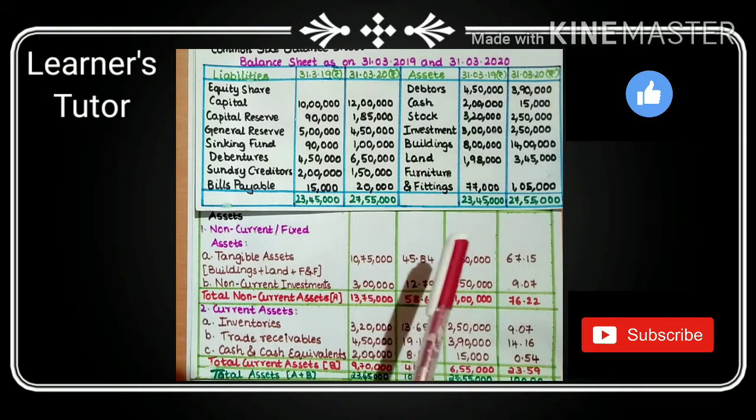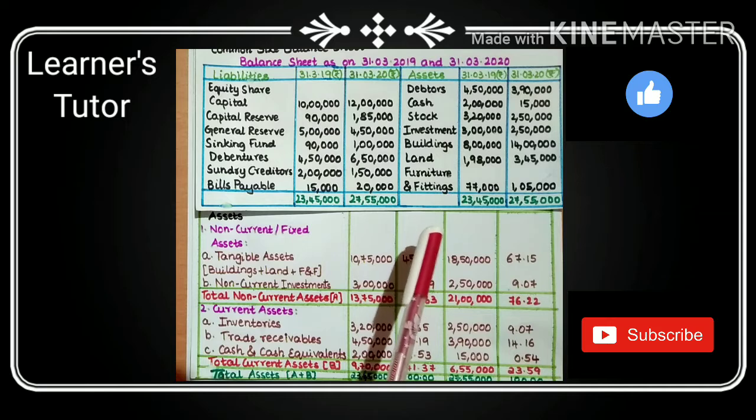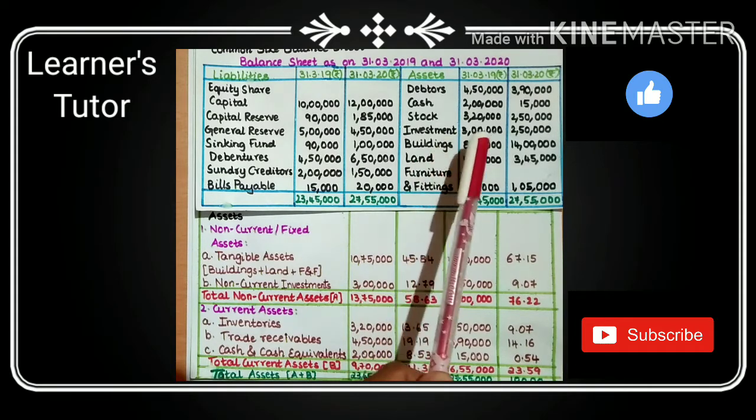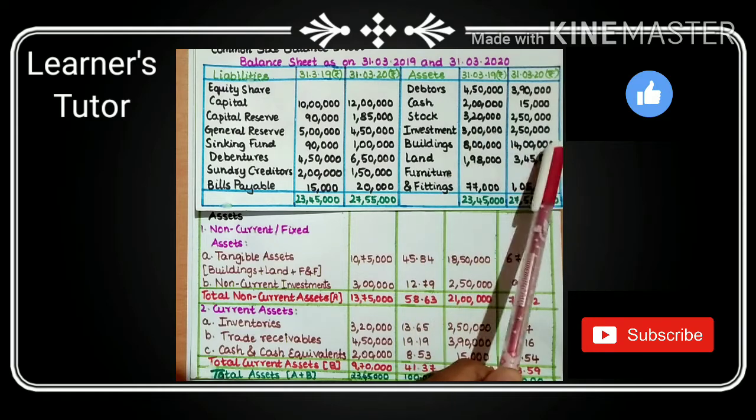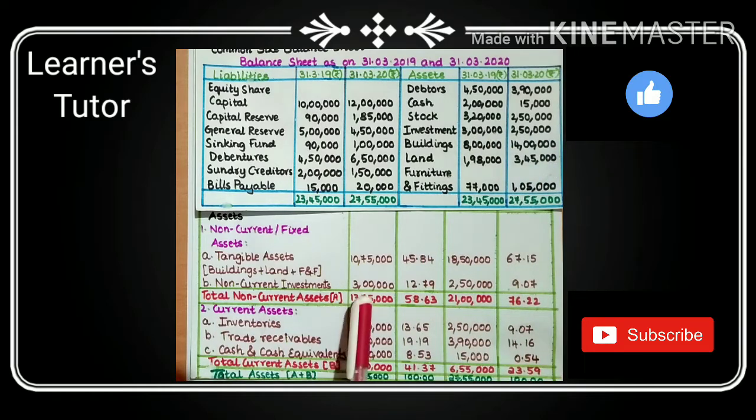Next, in non-current assets, if something like non-current investments is there, we have to record that. We have investments, those are non-current: 3 lakh and 2,50,000. 3 lakh divided by 23,45,000 into 100 is 12.79%. Then 2,50,000 divided by 27,55,000 into 100 is 9.07%.